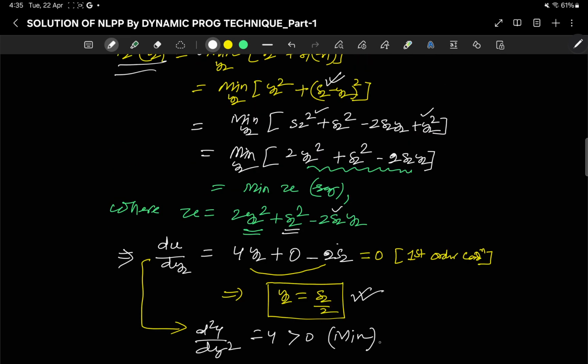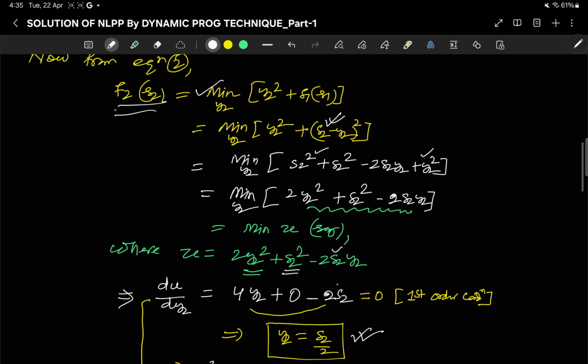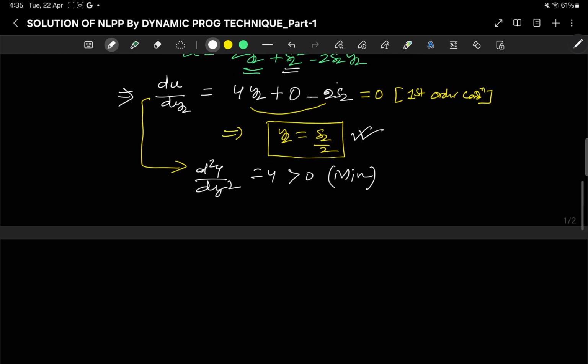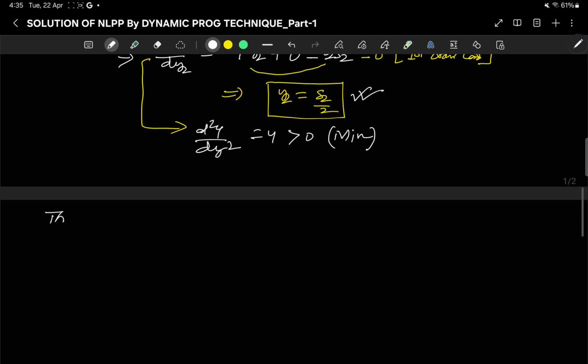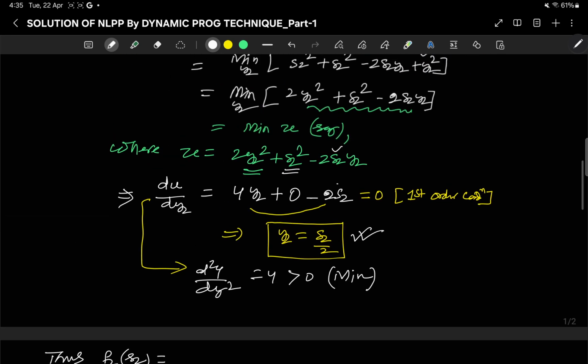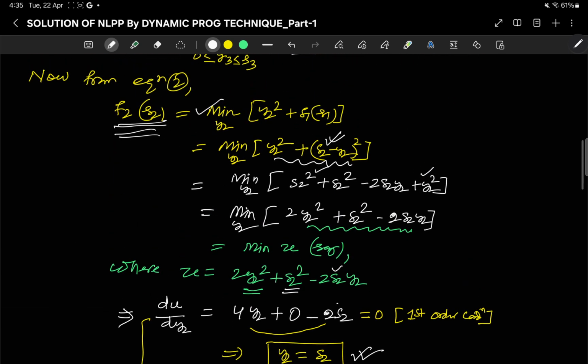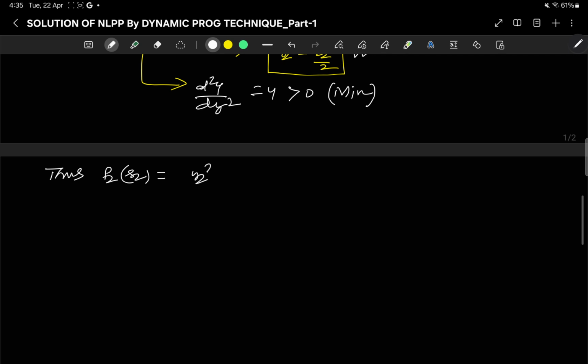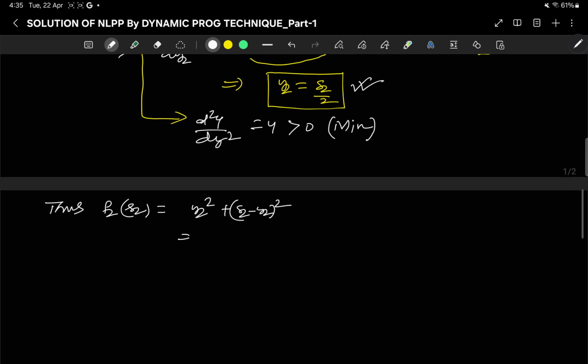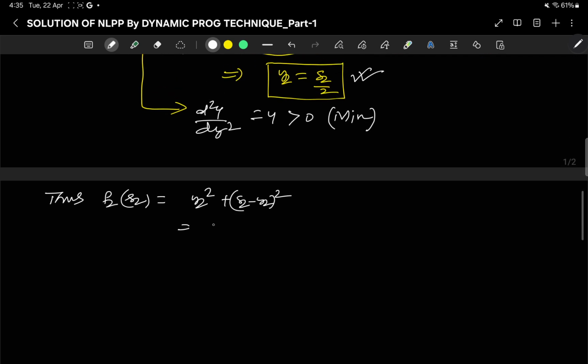So now what is this minimized value? The minimized value of f2(s2), I substitute here. So f2(s2) is equal to y2 square plus (s2 minus y2) whole square, and with y2 equal to s2 by 2, it is s2 square by 4 plus (s2 minus s2 by 2) whole square.